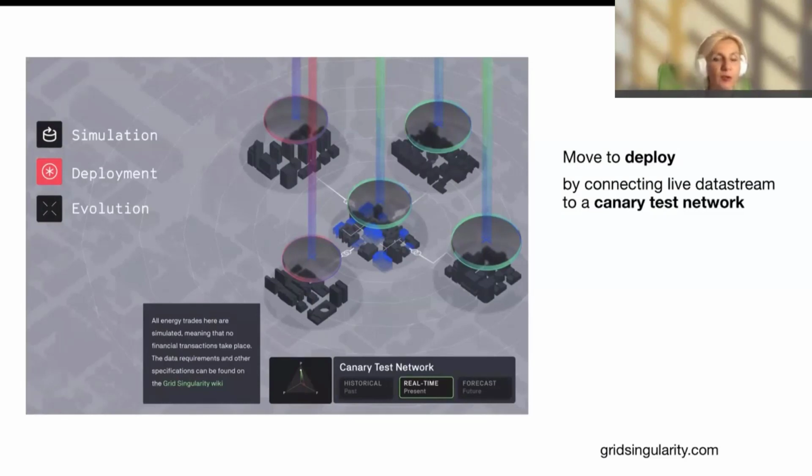Trading is enabled, but the financial transactions are just simulated. So in that sense, it is not a fully deployed local energy market, but a simulated one using real live data, where you approach reality, where you can then also see if there are any missing elements to deploy.